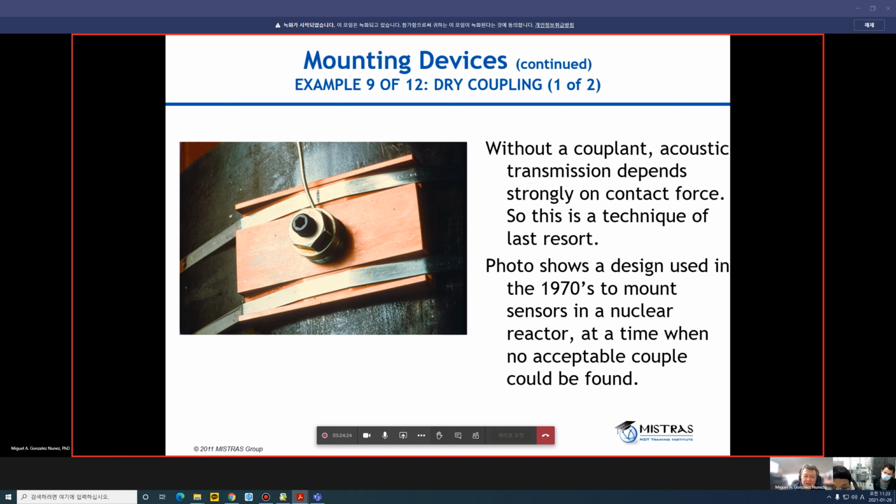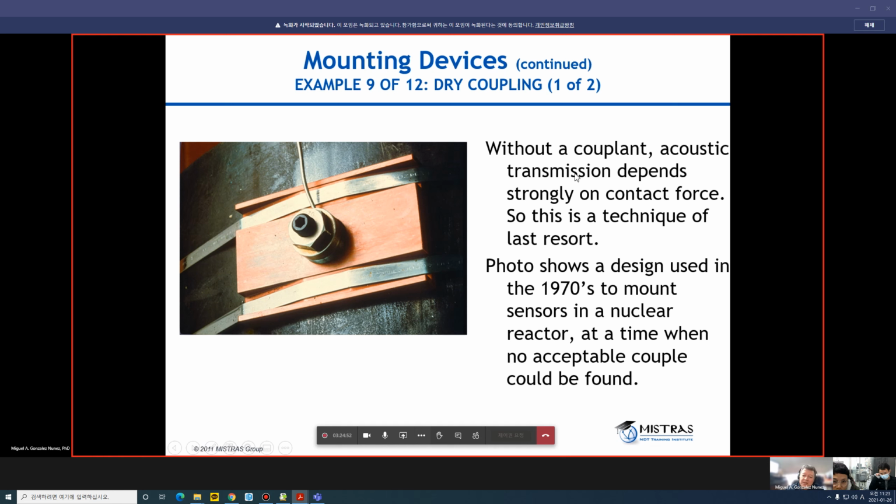This plate here has a hole where you insert the sensor, and then you use this plate to put the straps to apply the pressure to keep the sensor pressed to the test piece. So this doesn't have a coupling.